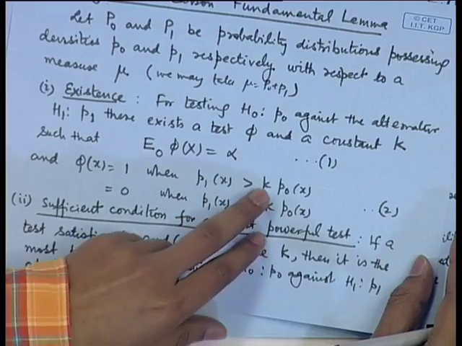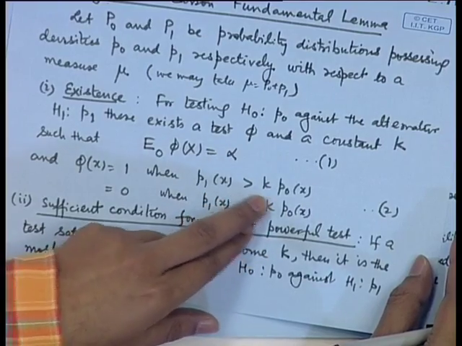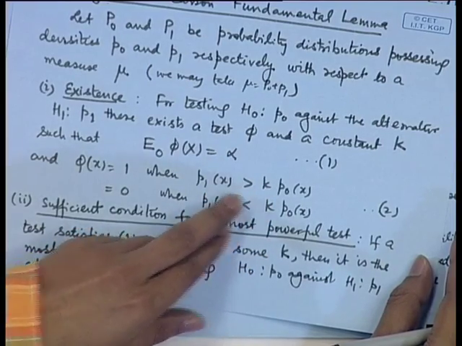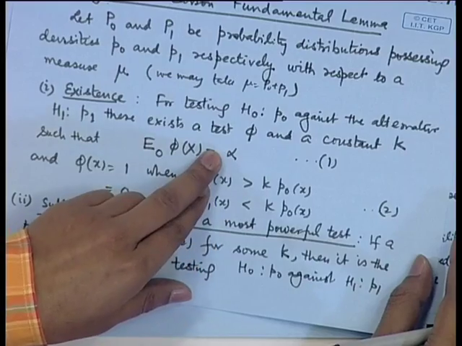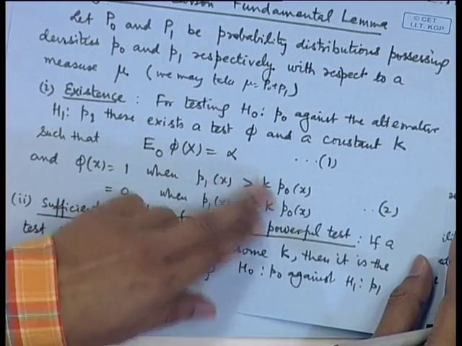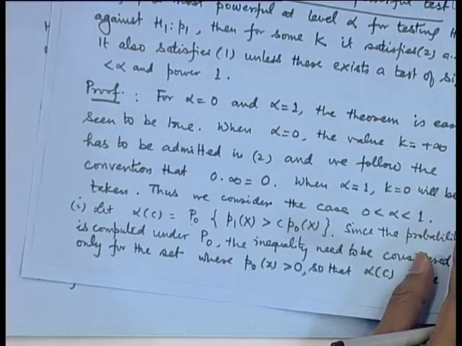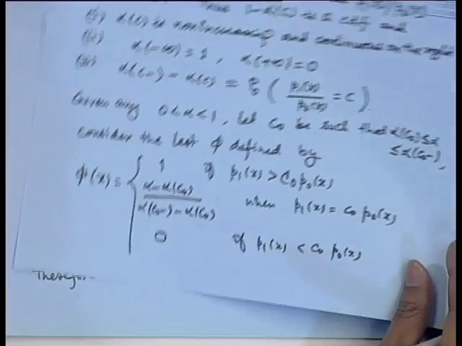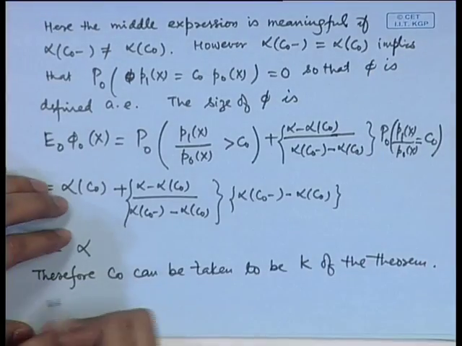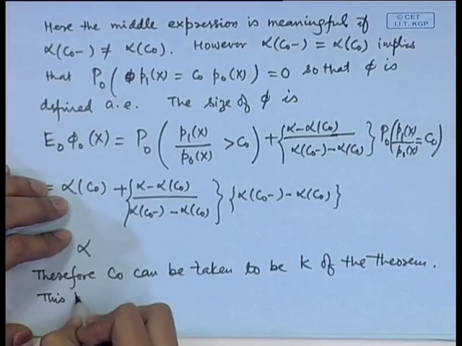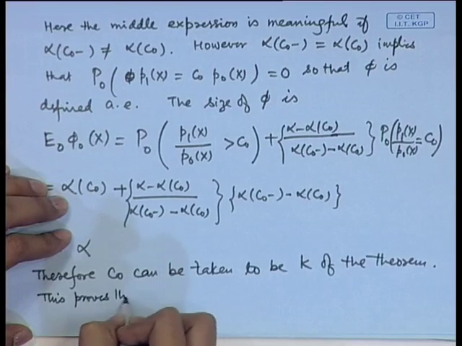So, of course, this was not complete because this does not take care of the equality part. So, we defined that part here and it is having this power alpha. So, this k value is well defined here. This proves the existence.